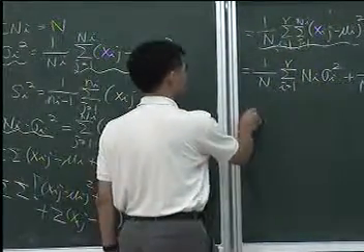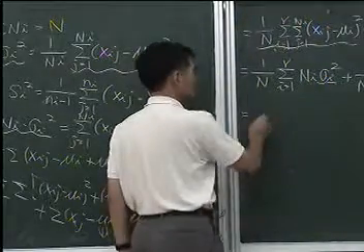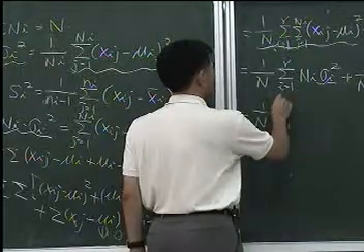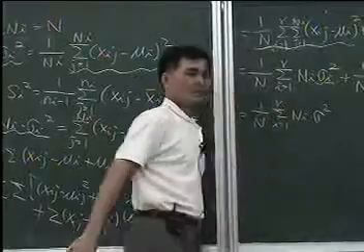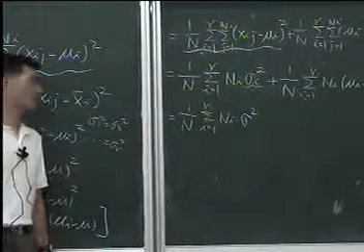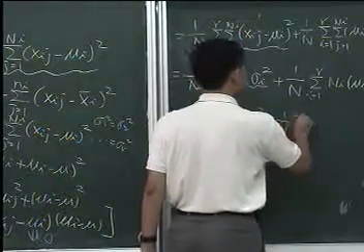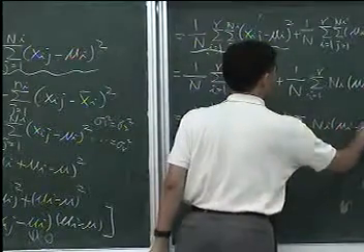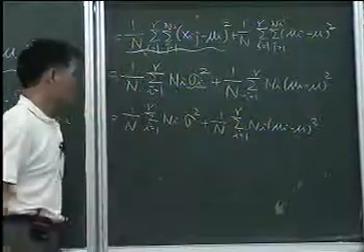In this case, this is equal to 1 over n, the summation of ni times sigma squared, because all the variances are the same. And then here, 1 over n, the summation of ni times (mu i minus mu) squared, for i from 1 to r.